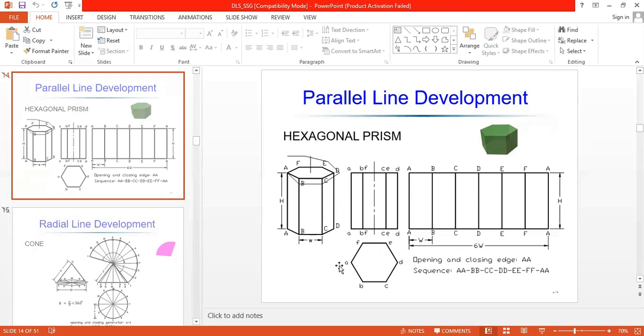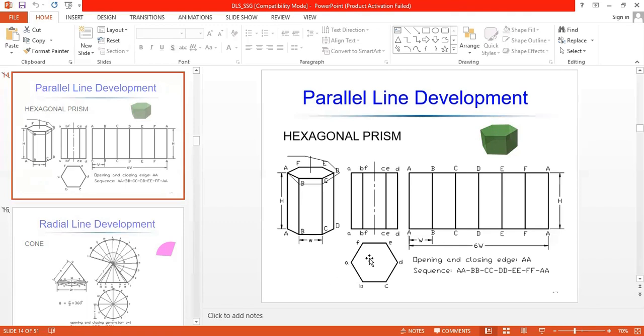Then how do we open this? If we give the names A, B, C, D, E, F to the base of the hexagon, then take vertical lines in the front view. The naming will be A1, D and F coincide here, then C and E coincide here, then you can see D dash shown here.